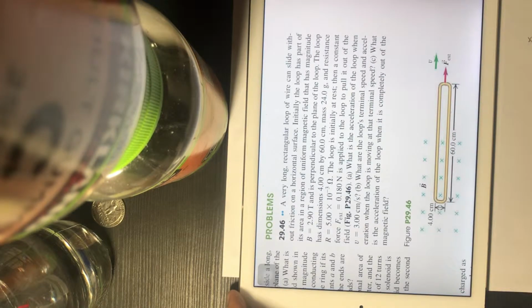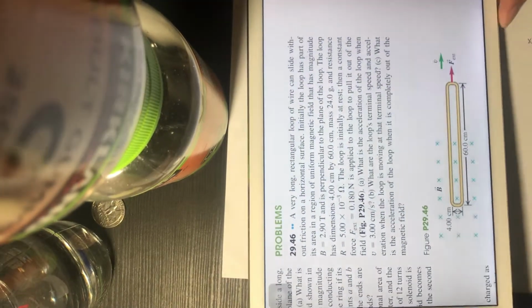A. What is the acceleration of the loop when the velocity is 3 cm per second? B. What are the loop's terminal speed and acceleration when the loop is moving at terminal speed? And C. What is the acceleration of the loop when it is completely out of the magnetic field?